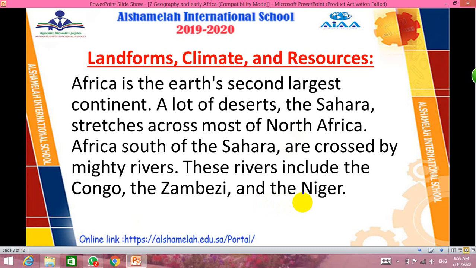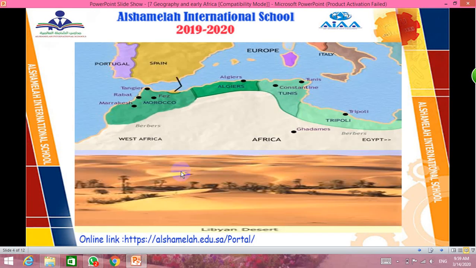For understanding these points, geographers divided Africa into two parts. Number 1, North Africa, and number 2, South Africa. South Africa has some rivers. Next we have some maps.